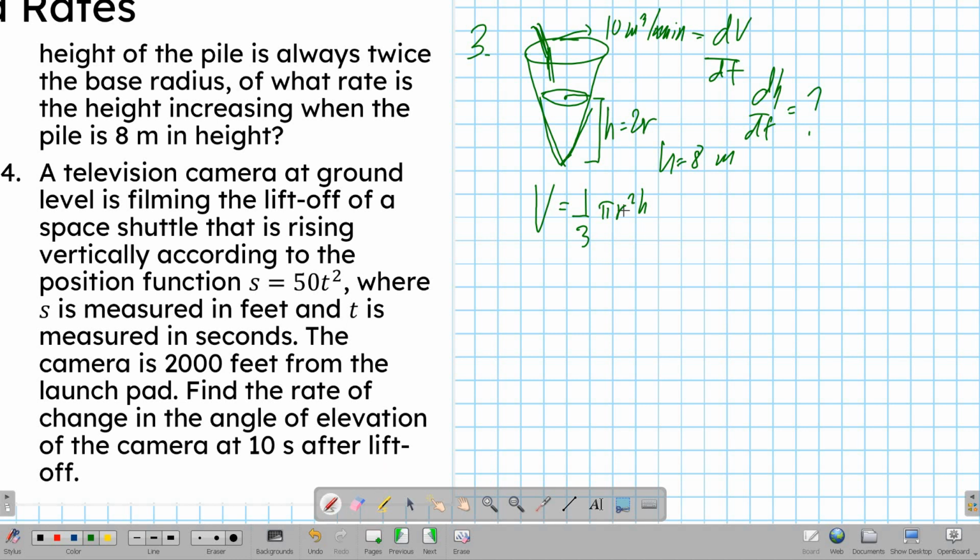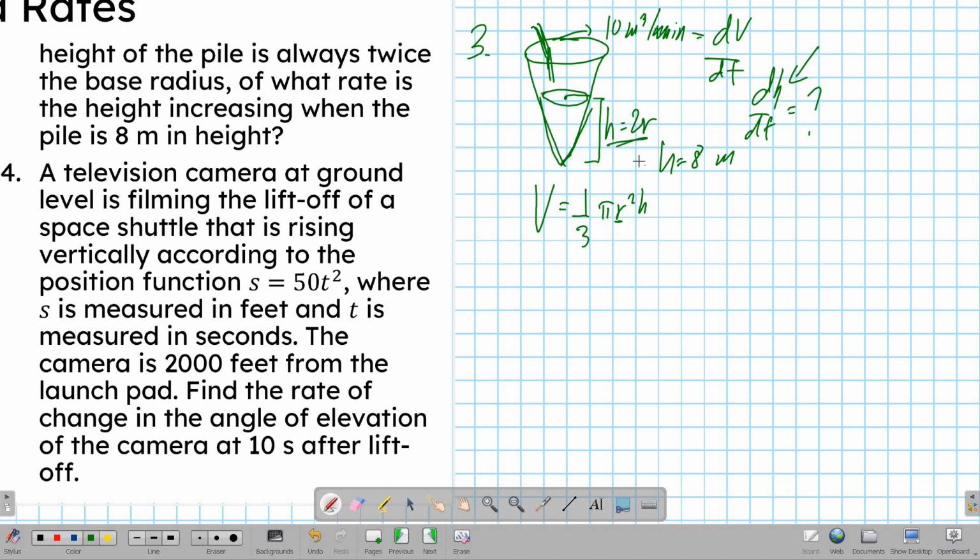If we find the derivative of this, it will be a multiplication, so we're going to use the product rule between r squared and h. So it would be better if we can already express this as V equal to a function of just 1 variable, in this case h, because that's what we're looking for, dh over dt.